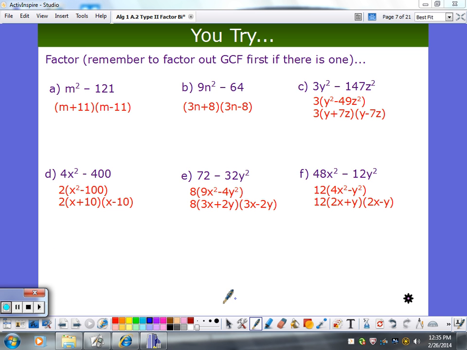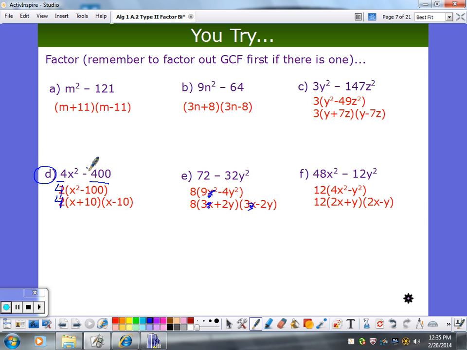Anybody have questions on our U-tries? Yes, ma'am. D. So D, I looked first and I said, is there a greatest common factor? Oh, this is wrong. Something's wrong. There's no x's. I solved a different problem.